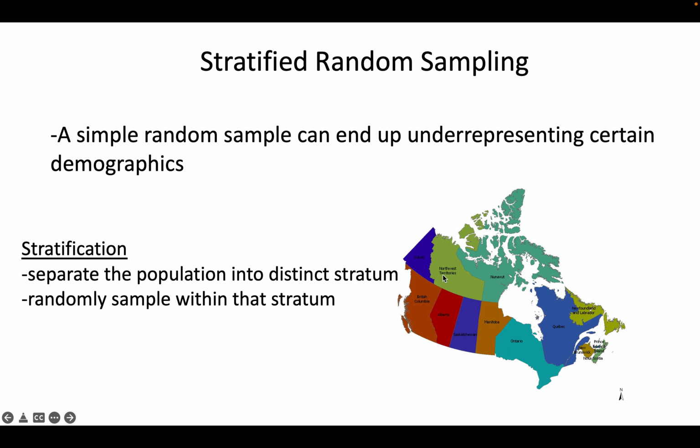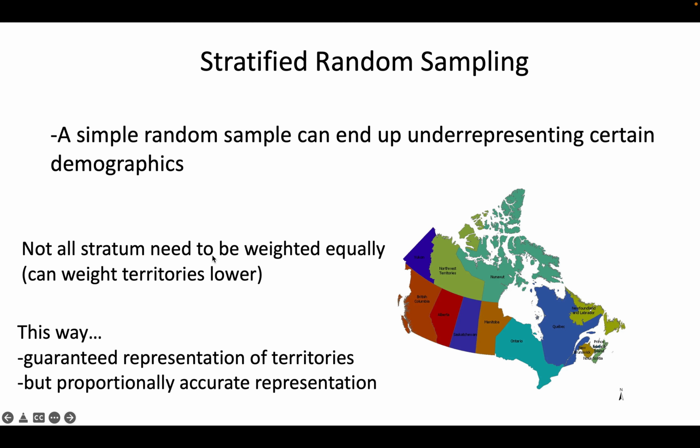If Northwest Territories represents 2% of Canada, then you'd have 2 people randomly sampled. Obviously, the numbers would be a lot bigger, but you can see how this ensures 2 things. It ensures that we guarantee representation of each of these territories, and we make sure that their representation is proportionally accurate and proportionally representative of the entire country, basically.